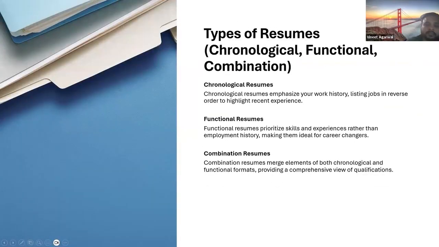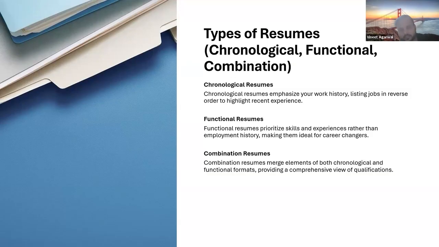Now, there are different types of resume you might see. Some are chronological resumes, some are functional resumes, and some are combination resumes. In a chronological resume, we emphasize the work we have done. This is for your work history. Let's suppose you have worked for 5 companies.